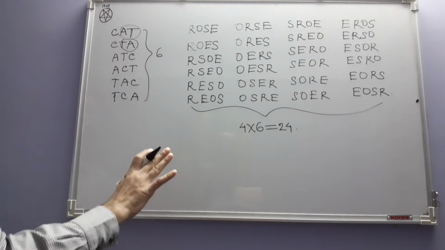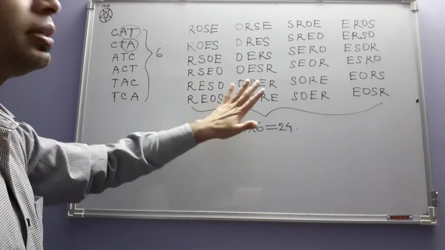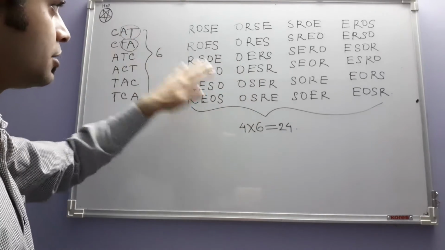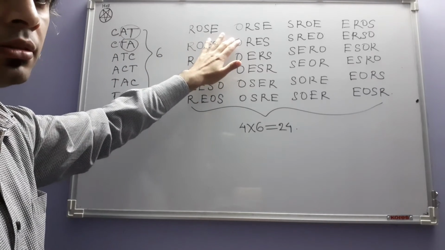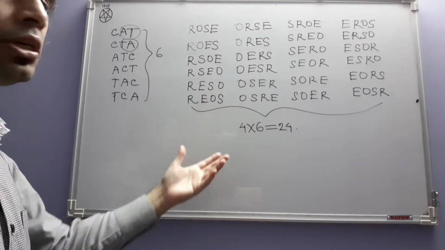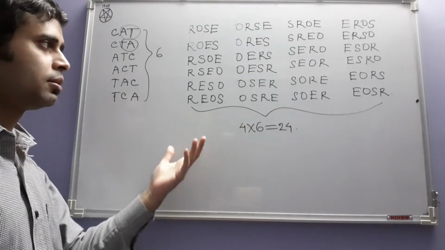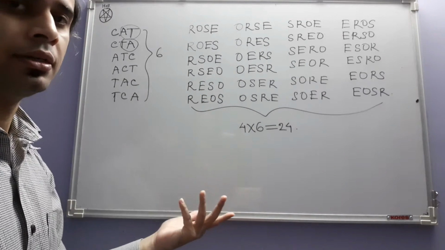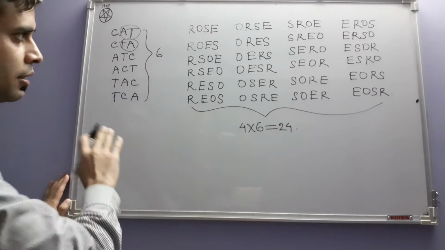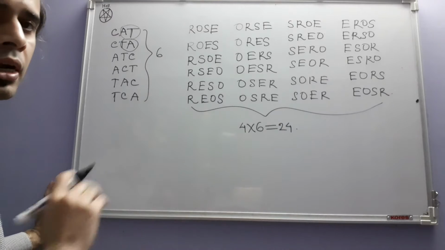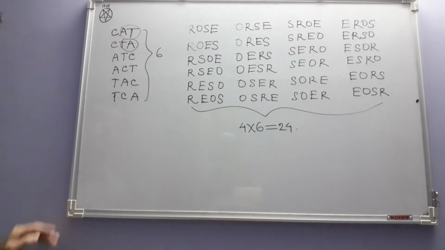The only thing we are maintaining here is that at this moment we are taking the objects to be distinct. A situation will come later on where the objects can be repeated, so we will see that later. First of all, we are dealing with the situation where the objects are distinct.